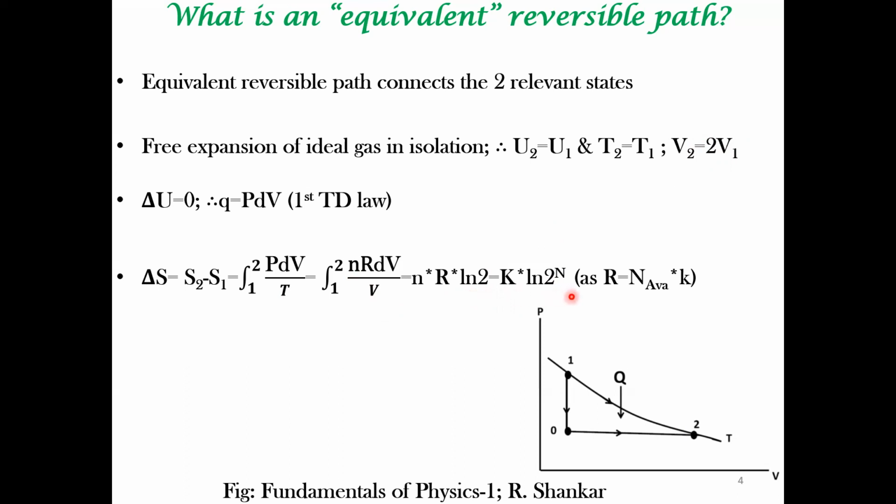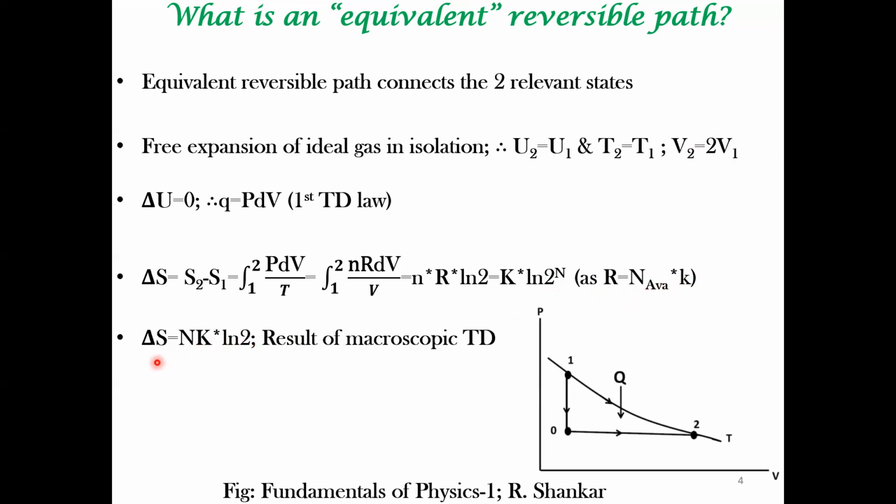All I've done is substitute R, the gas constant, in terms of Avogadro number times Boltzmann constant. This you must have seen from high school. There's a reason why I've presented this in this manner. So what do you get?